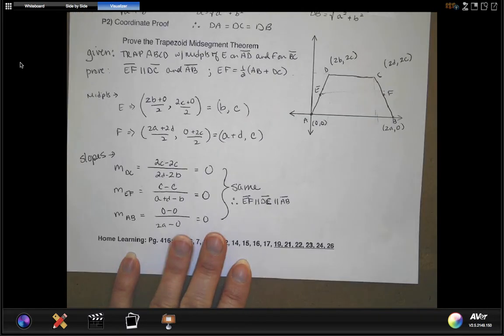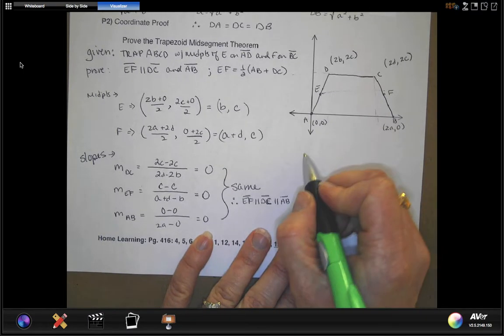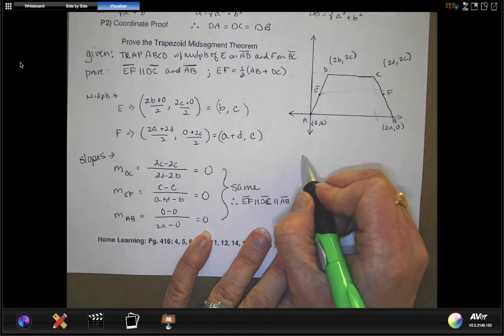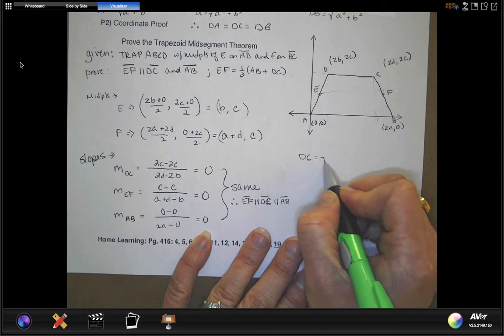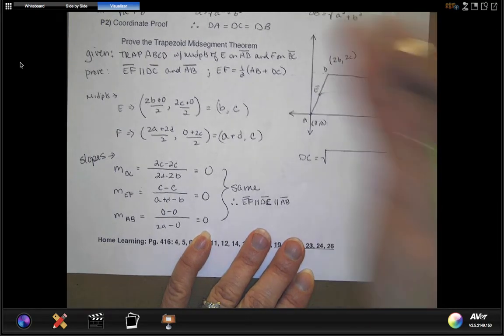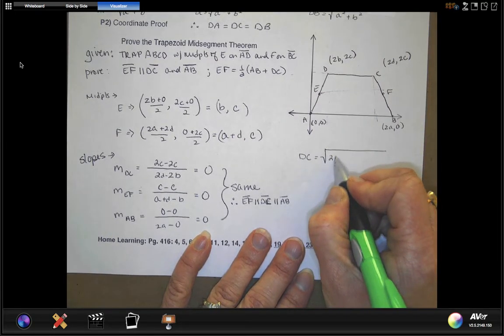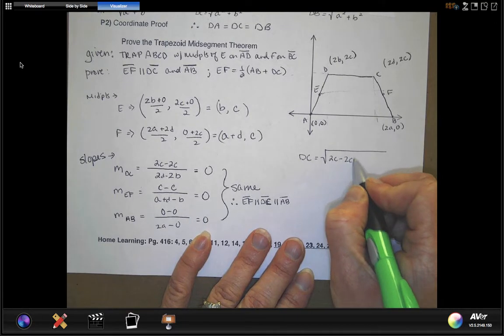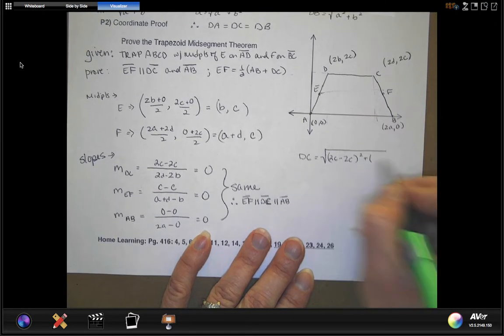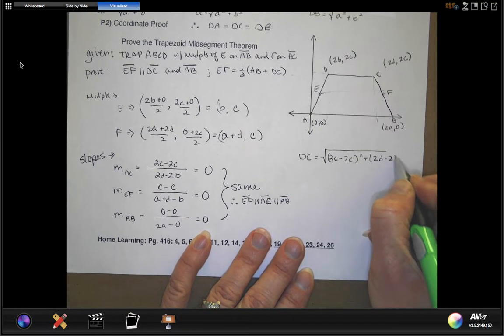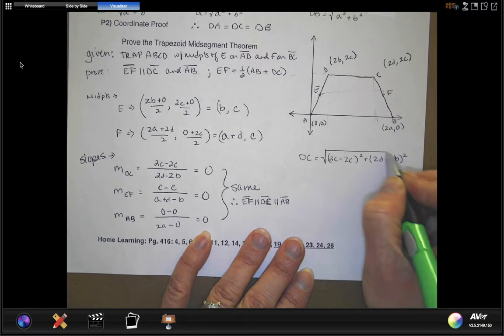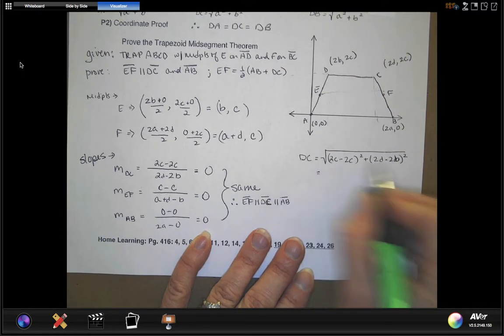Then what I want to do is find all my lengths. So DC, again, do right minus left. So we're going to do 2C minus 2C squared plus 2D minus 2B squared. So this one is going to be 0.